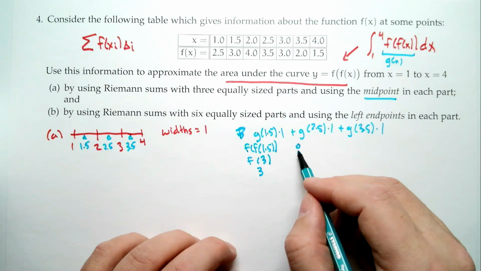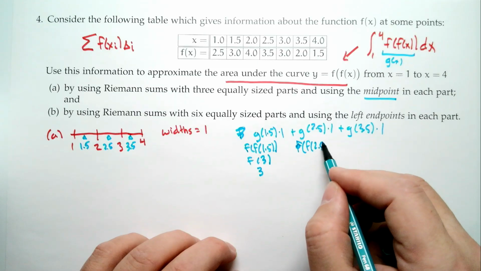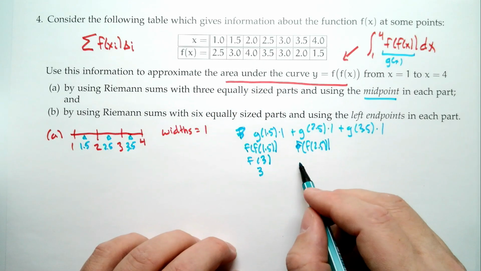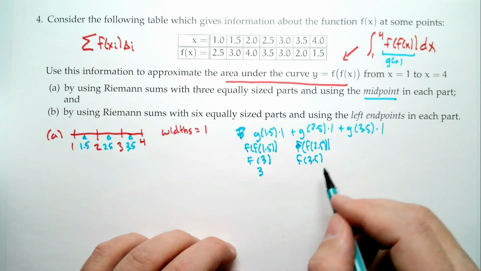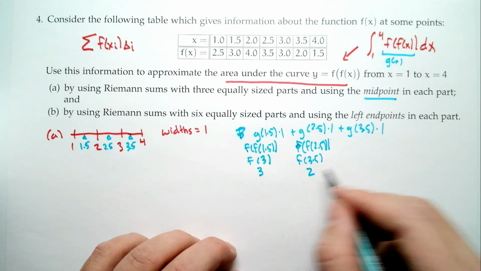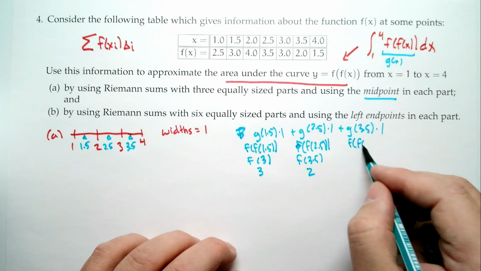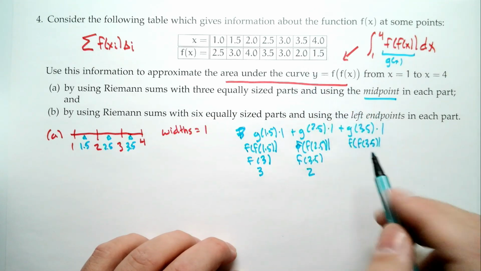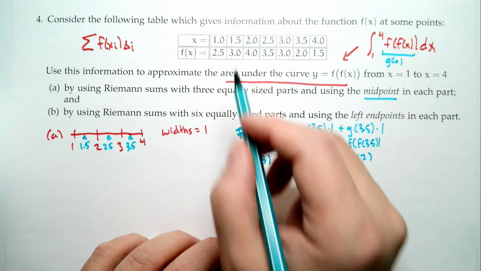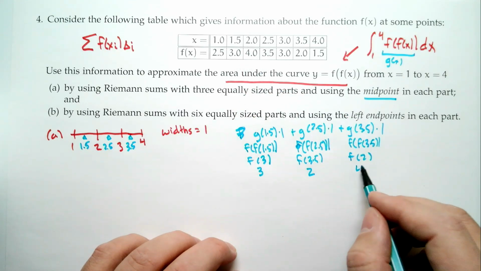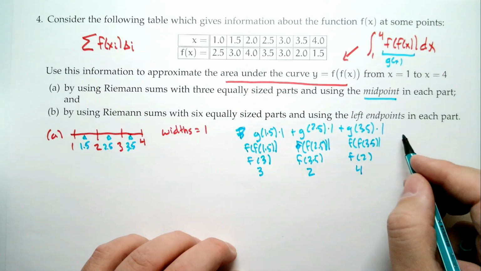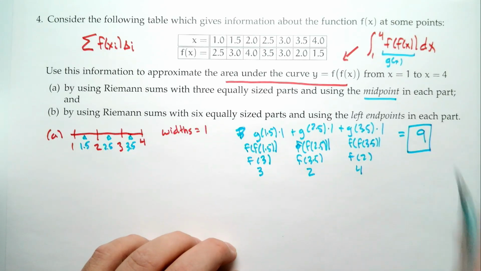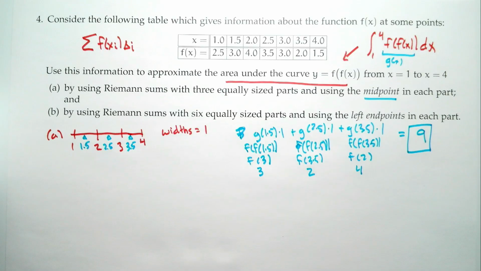Then this is f of 2.5, and we plug 2.5 in, we get 3.5. We plug 3.5 in, and we get 2. Plug in 2, we get 4. So we get 3 plus 2 plus 4, which gets us 9. Okay, so that's part A.